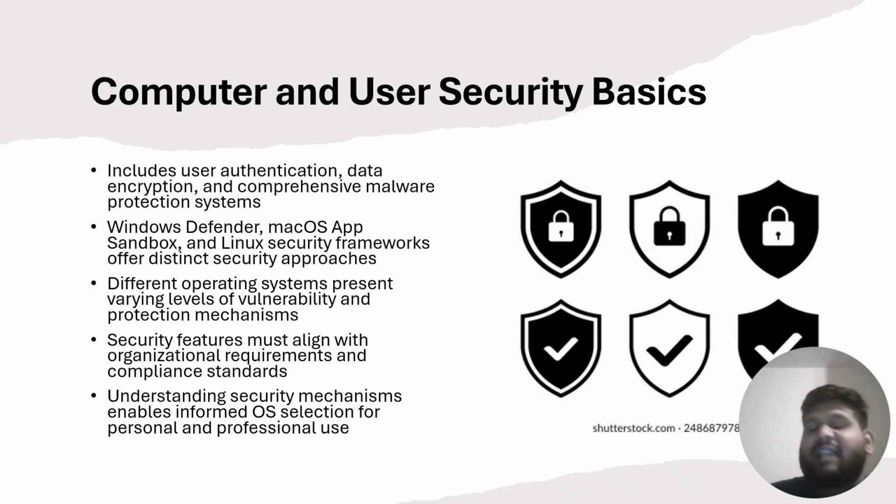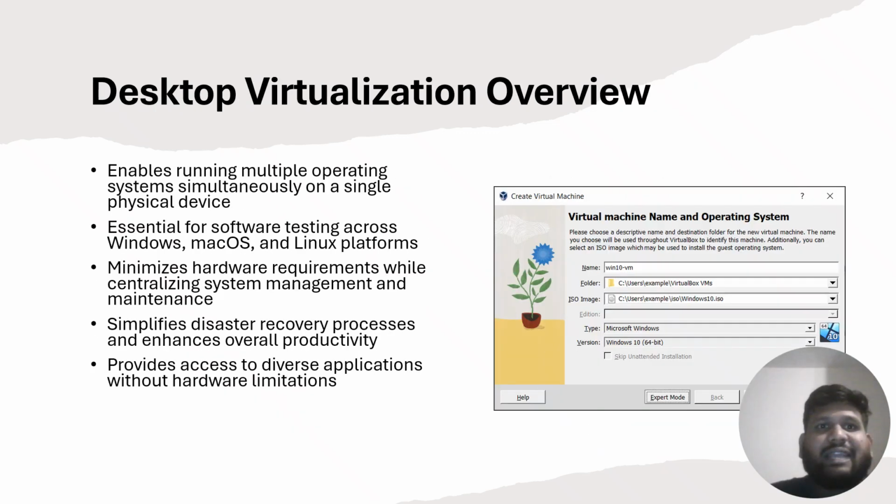Understanding these security mechanisms allows users and organizations to choose an OS that matches their security needs, whether for personal use or enterprise environments. We will compare these features in detail to highlight the strengths and challenges of each operating system in maintaining user security.